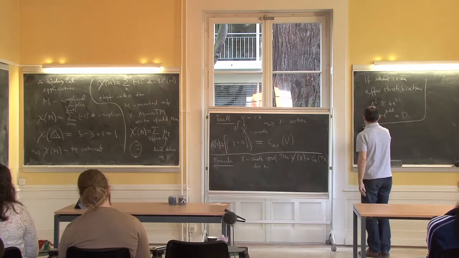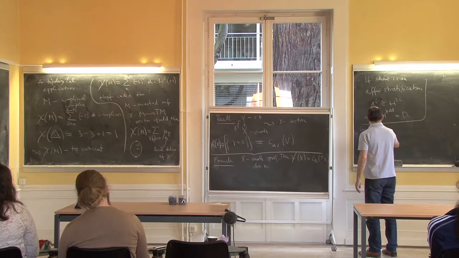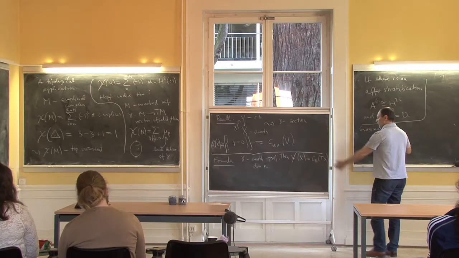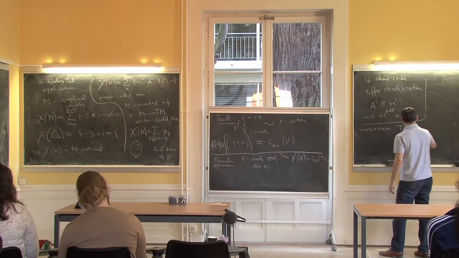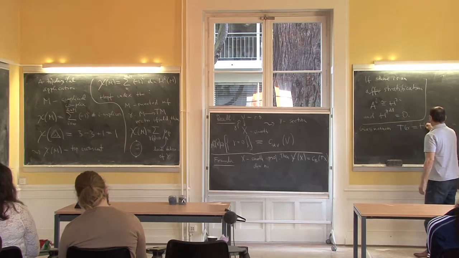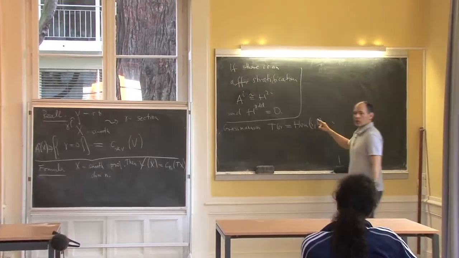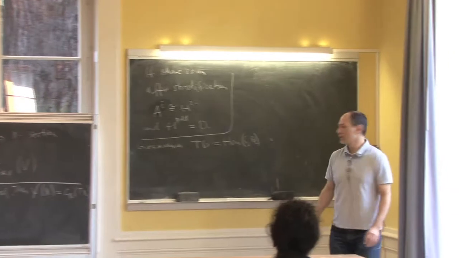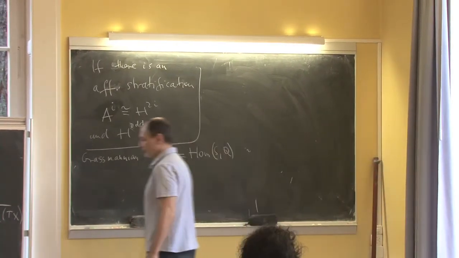So for the Grassmannian, we have this formula. If I want to do this calculation, T of the Grassmannian is just Hom(S, Q), where S and Q are the tautological sequence elements. Okay, so you will be able to use that.